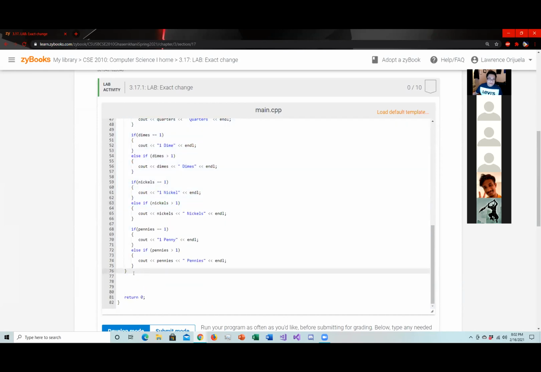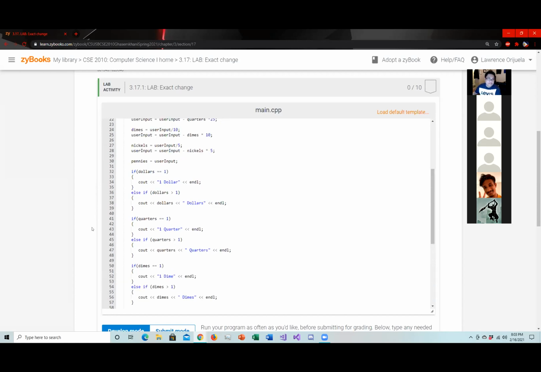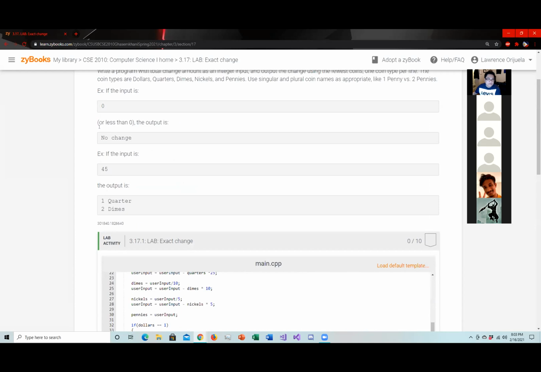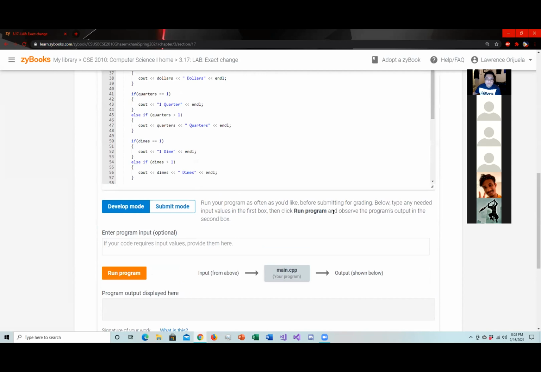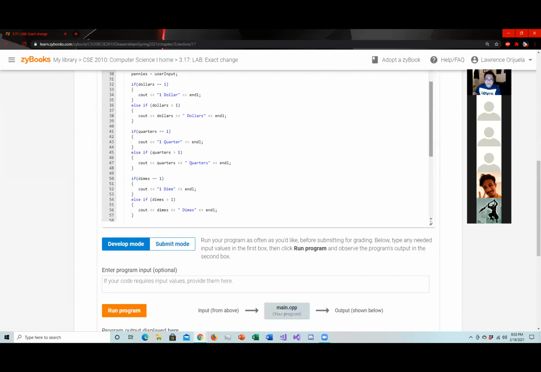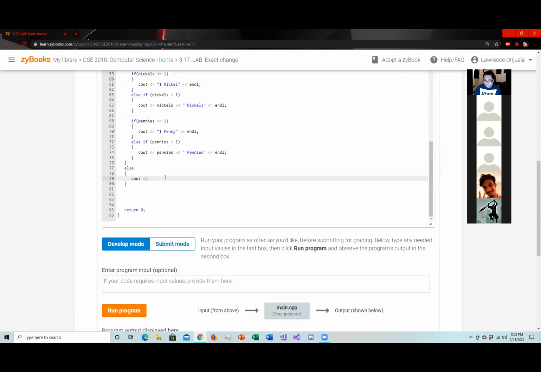And then at the very bottom, we're going to put an else at the bottom and say else. cout, how does it want it to say no change? Is it capital? No change with no period. Okay. cout no change.